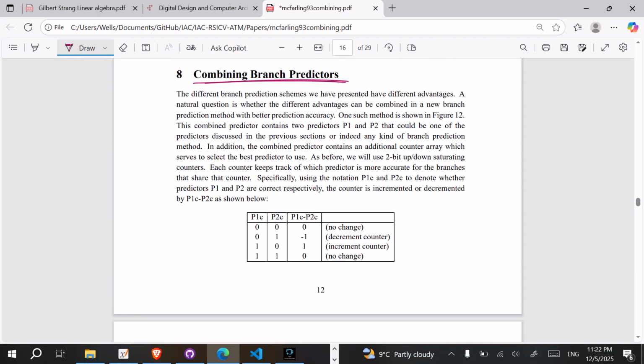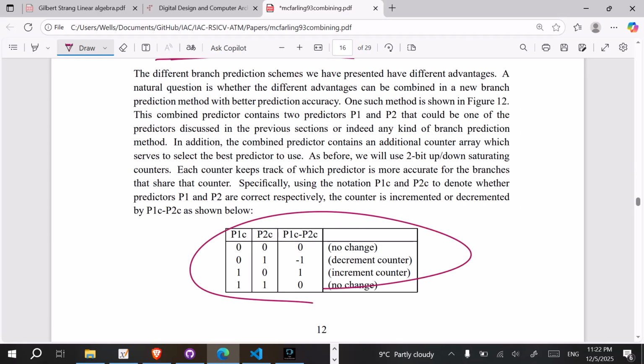So if I have this bimodal, I can have this device and a second device, and I can have updates between them, saying if P2 is correct, then I reward P2 by minusing P1, or I can reward P1 by giving it 1 score, or actually no change. Essentially I can have two different devices, and between them I can both serve a request. And between a request, maybe I have a MUX.